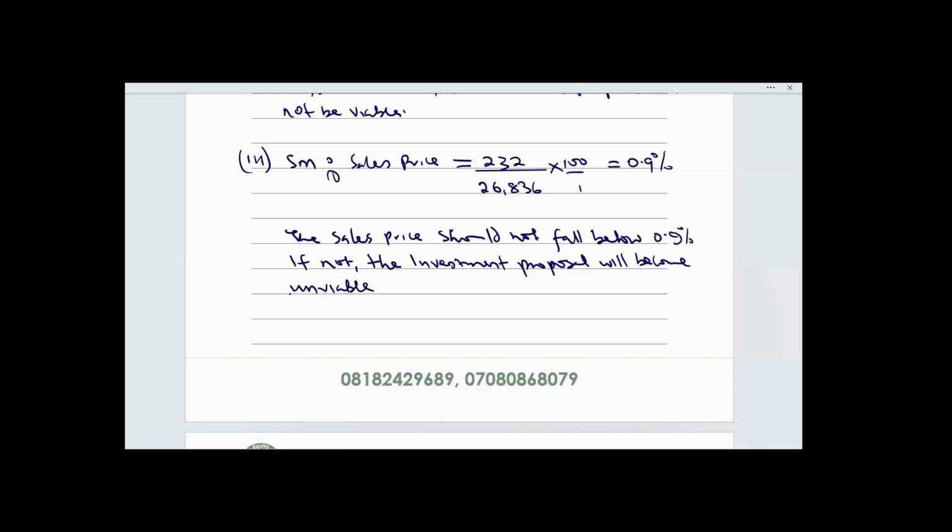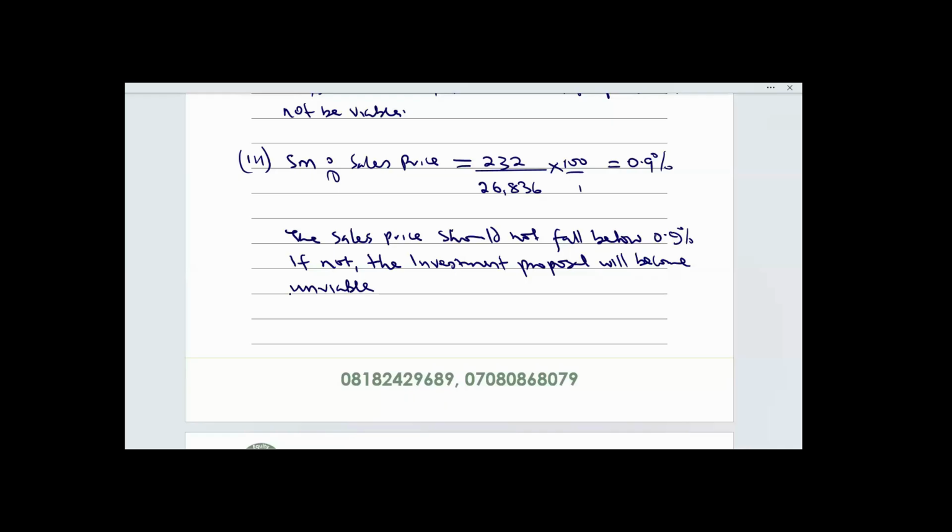So what we are saying is that the sales price, we can of course reduce. The selling price, according to the question, is 24 naira. We can still reduce that selling price by 0.9%, and the project will give us 0 NPV.